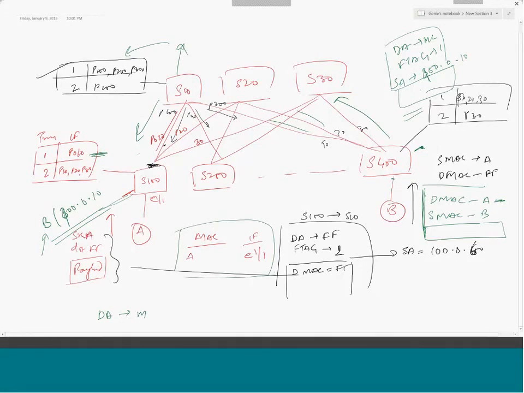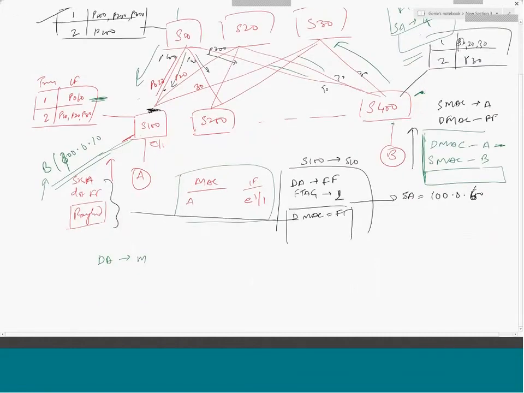Interesting. Yes, it is. So once it has reached this point, it will have an entry of 400.0.10, then it knows where it needs to send the packet. No questions? Then all the unicast forwarding will take place.